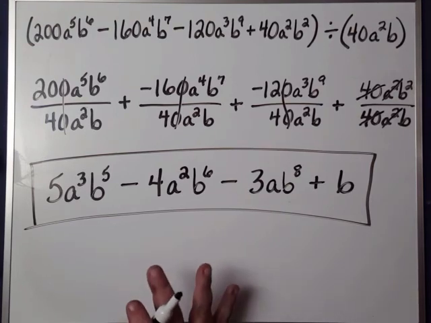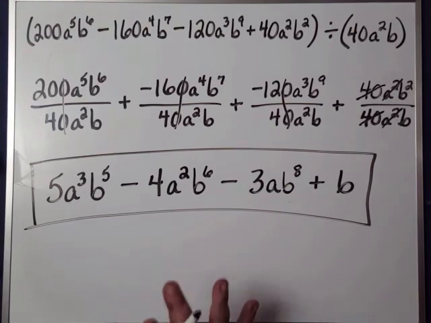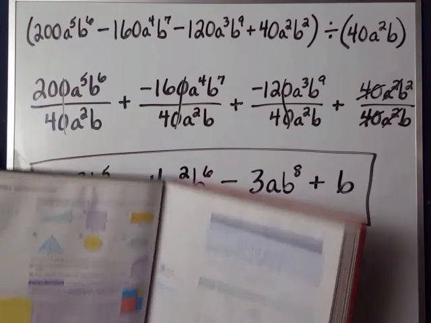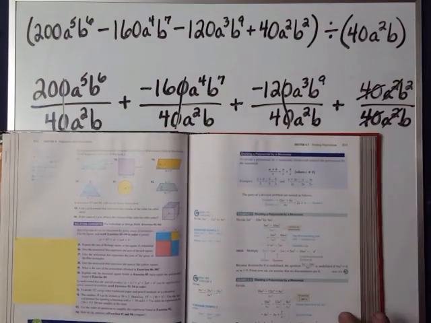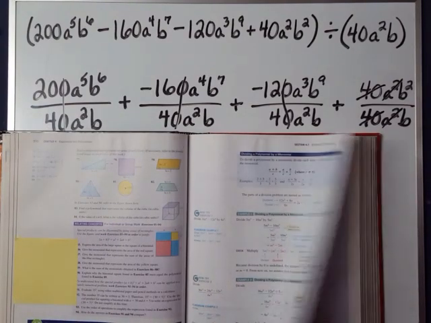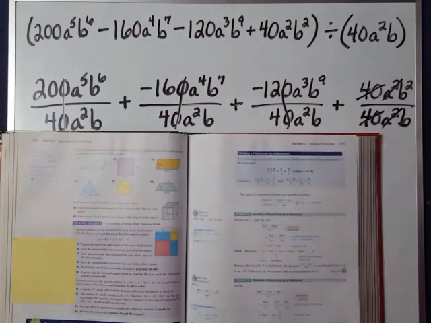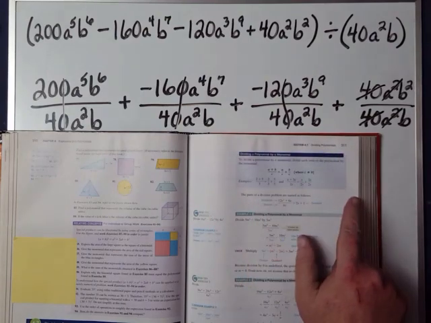Now this is the easy part. This is the easy part of this section. I would encourage you to glance ahead, but don't freak out, just glance ahead. Here's our blue box that we've been using to work all of the problems in this first part of this section.